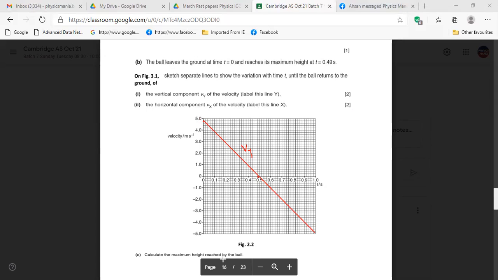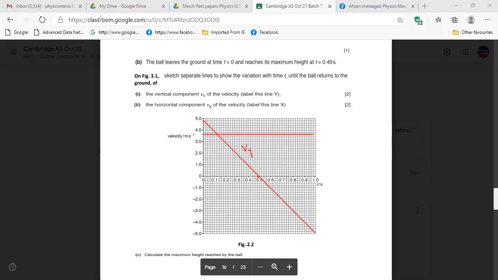You identify here 3.6. As for the entire journey it is constant, you give a straight line here. Constant velocity, you know, right? Time will be going like this, till here, 0.48.